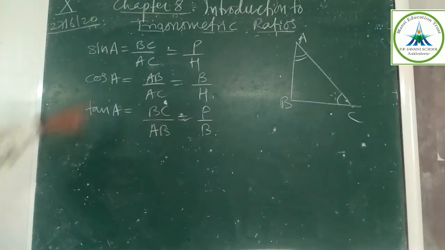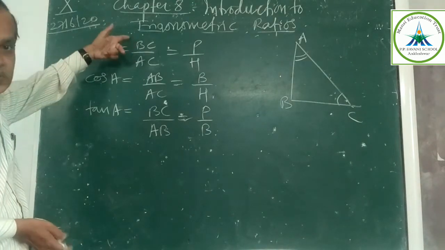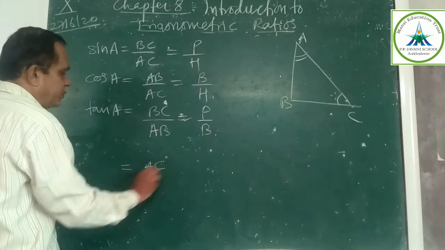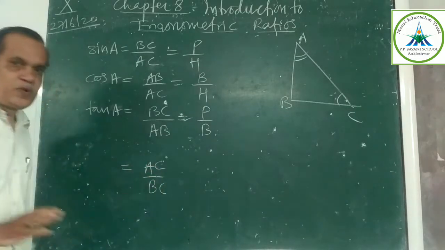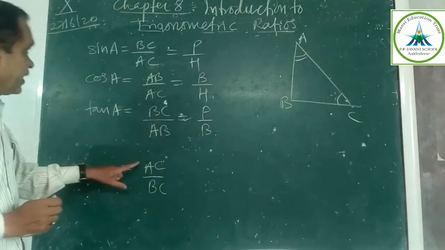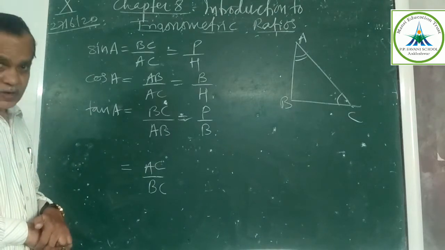Okay. Now see, if I take the reciprocal of these ratios, I can take AC upon BC. Yes or no? When we talk about ratios, ratios can be of any two sides. If I take AC upon BC, this is the reciprocal of sine. Got it?